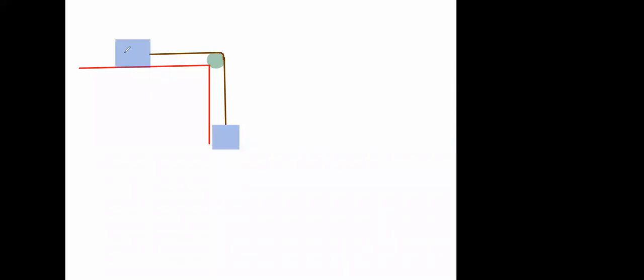A block of mass, let us suppose I am taking this mass as M1, is the first block. Then acceleration in it is taken like this. Then M2 is the second block mass.